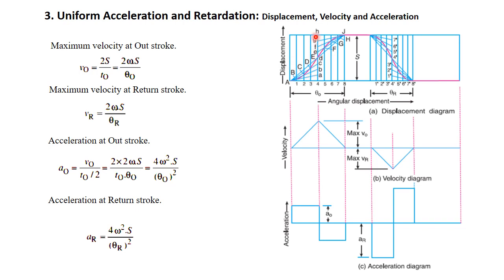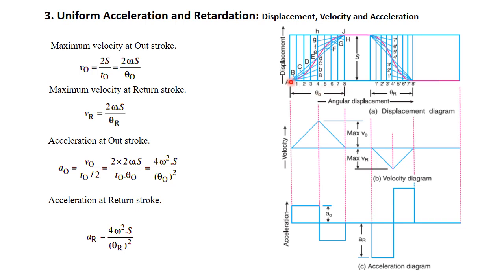So here we have taken, say, A, B, C, D, E, F, G, H. These 8 points are marked on the vertical line, and 1, 2, 3, 4, 5, 6, 7, 8 are marked on the horizontal line, which is nothing but the outstroke of the cam.